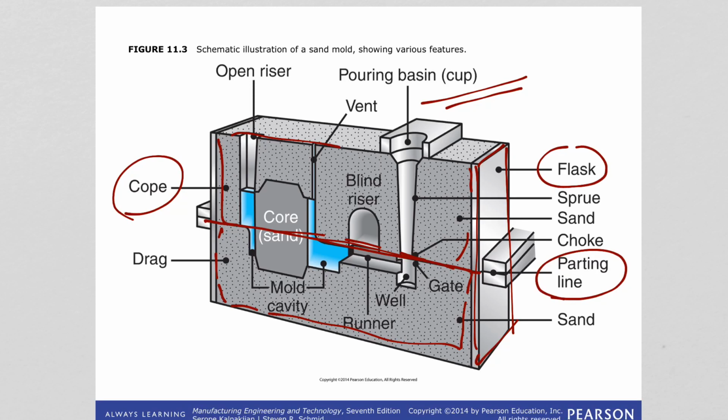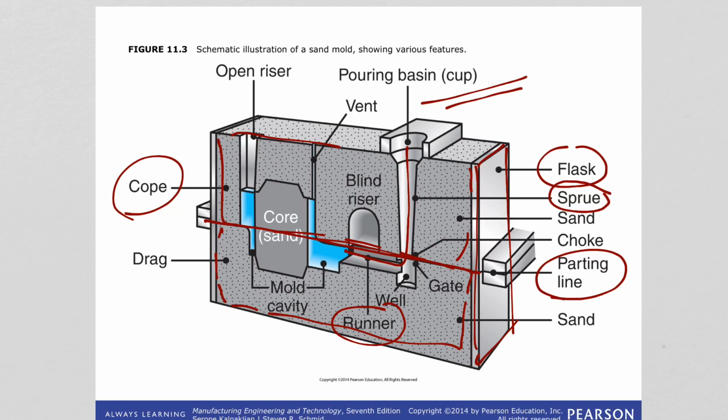And of course the sprue, through which the molten metal flows downward by gravity, and the runner system, which has channels that will carry the molten metal from the sprue to the mold cavity.